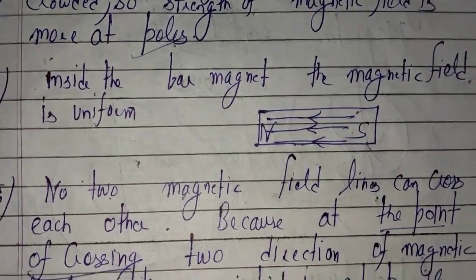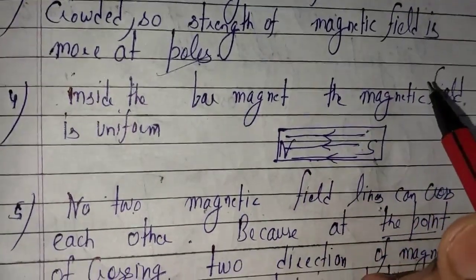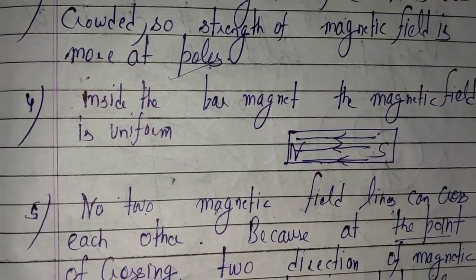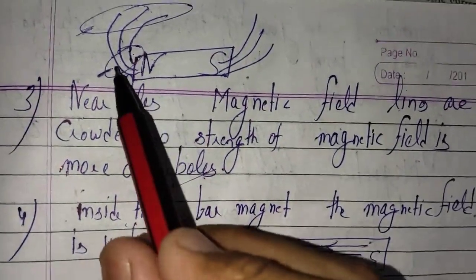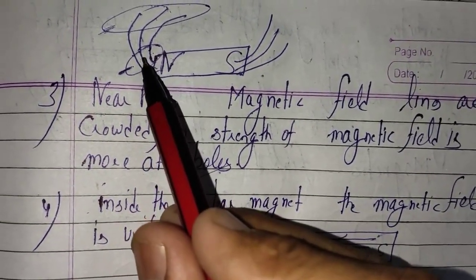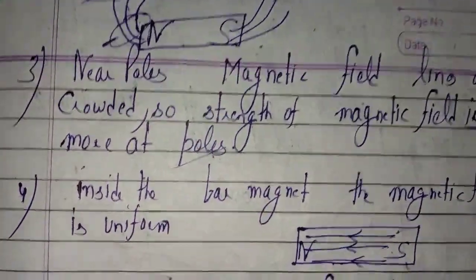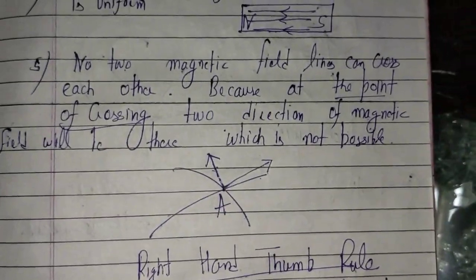That means the magnetic field is uniform inside the bar magnet, but outside the bar magnet it is non-uniform. Near the poles, magnetic field lines are very close to each other, so the strength of the magnetic field is high near the poles. This is a very important concept.